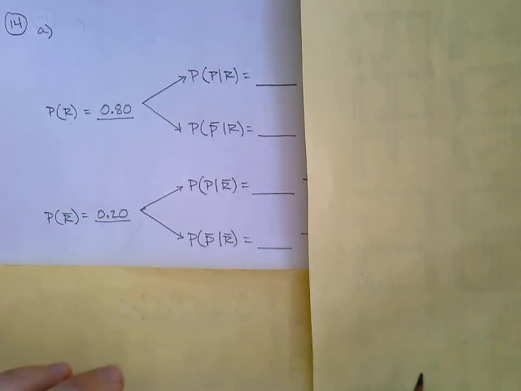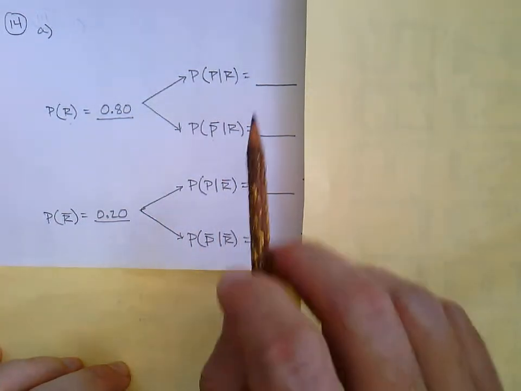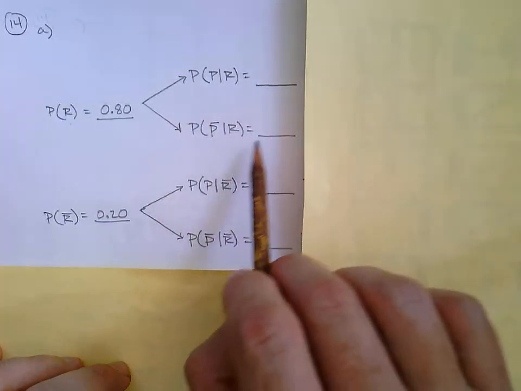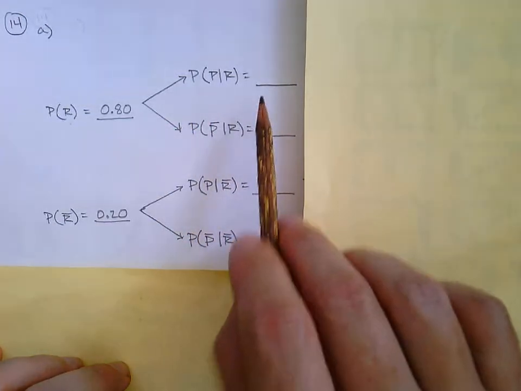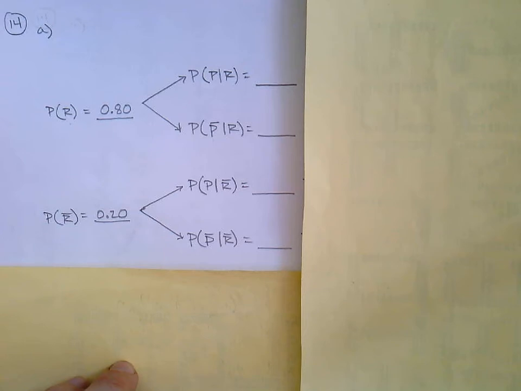Before we even go down here, can we fill in either of those? Do they tell us one of these in the question? They did, in the very first sentence: the professor calculates that of the students who attend the review session, 90% pass.